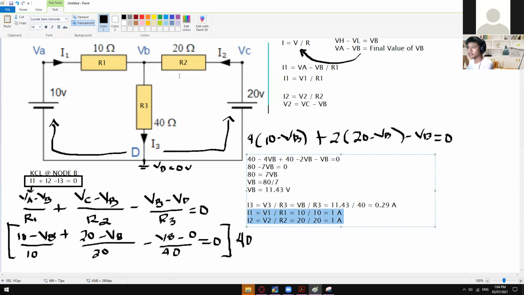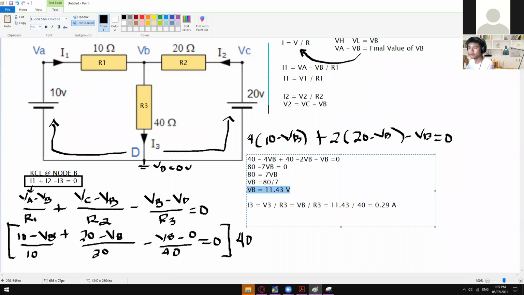So for us to be able to get the current right here, I think we have to find the correct value of VC. So my bad on that one. For us to be able to get the VA and then the final value of VC, you have to put this one as the final value of VB and then retain the unknown, let's say VA.